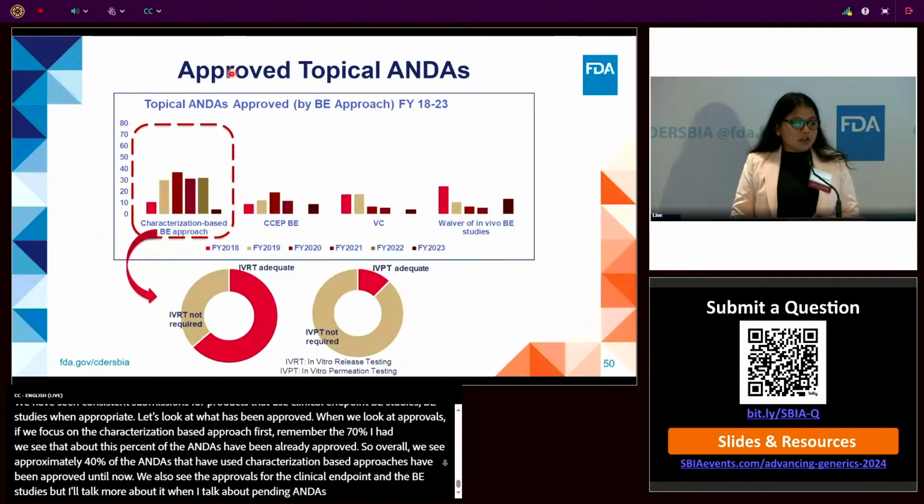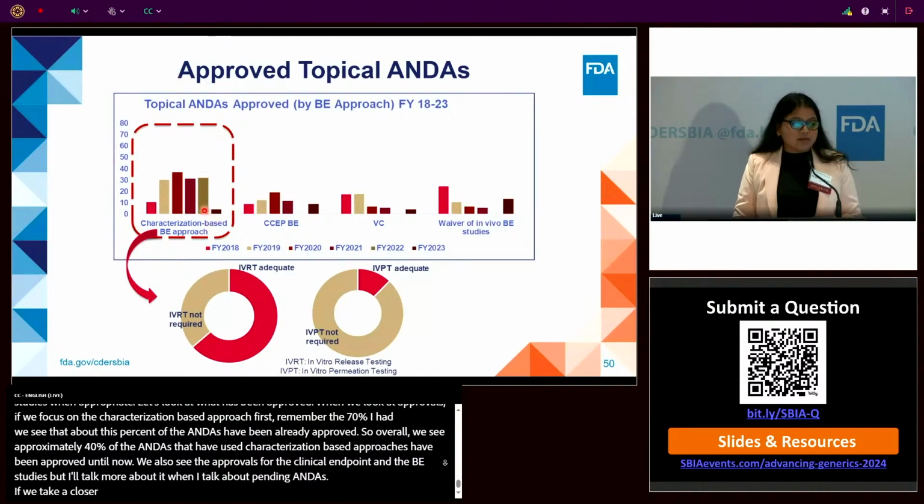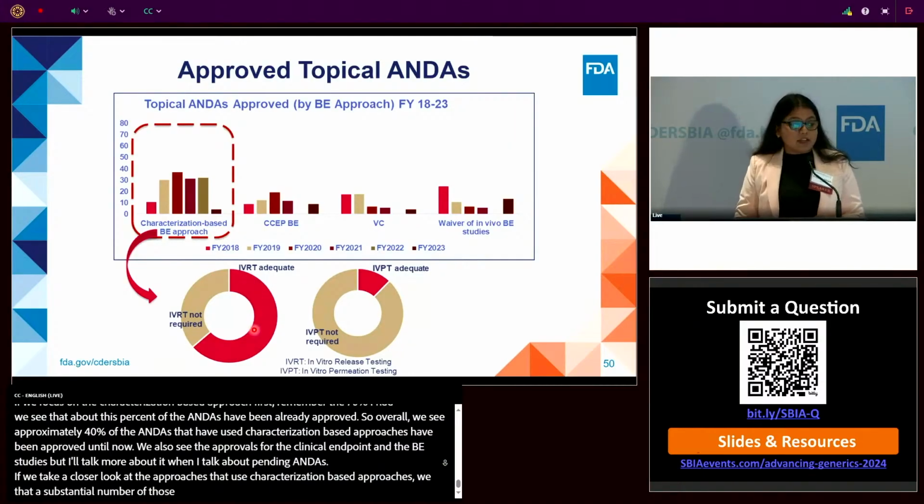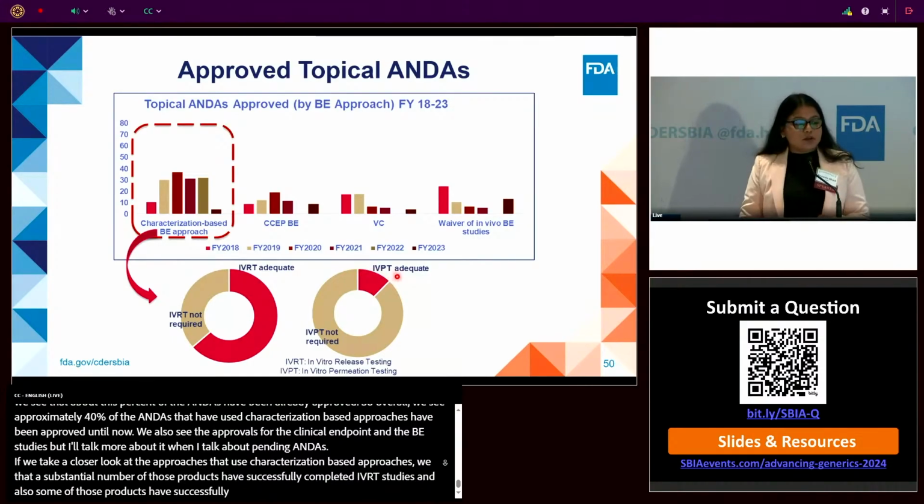If we take a closer look at the approaches that used characterization-based approaches, we see that a substantial number of those products have successfully completed IVRT studies, and also some of those products have successfully completed IVPT studies. So I just wanted to note that before we look at the challenges we face in this area.